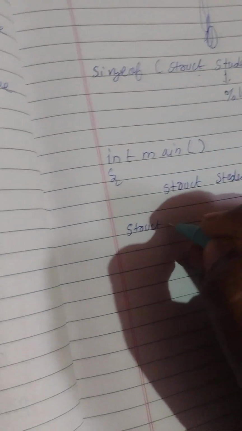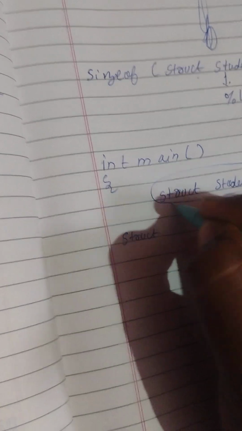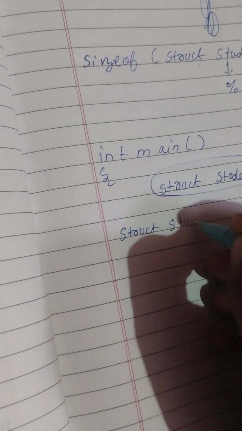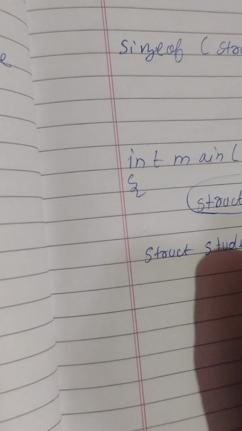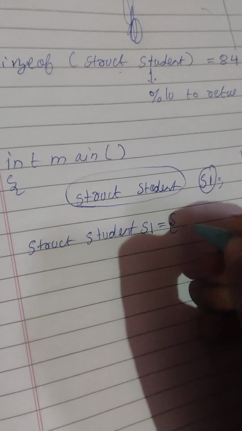With the help of curly braces. So struct student S1 is equal to, and here the values go inside curly braces.